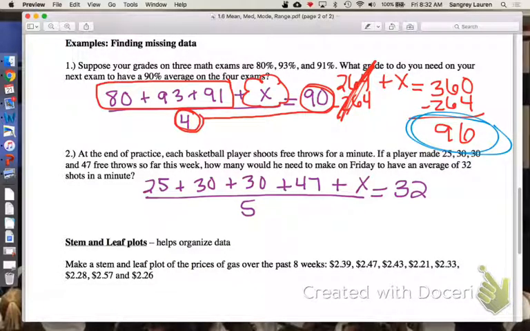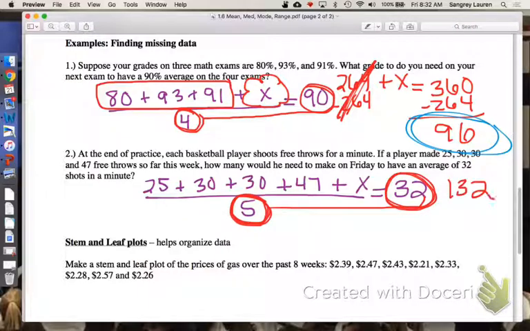All right, now we have to figure out what that missing x is. So we take the denominator and we multiply it by the average. So 5 times 32 is 132. Then we add up all the values we have so far. Oops, I'm sorry guys, I got ahead of myself.